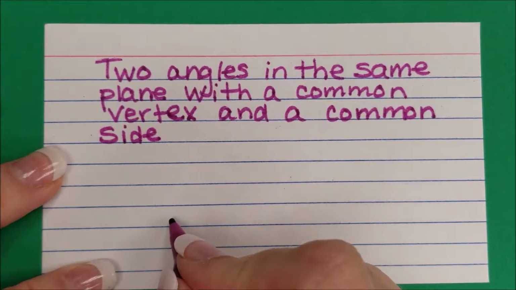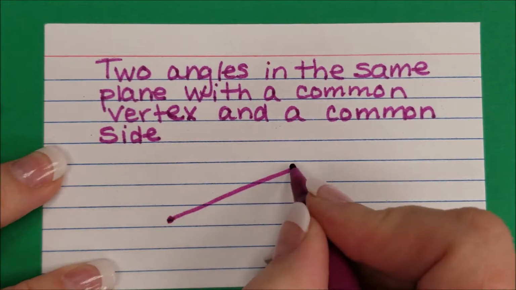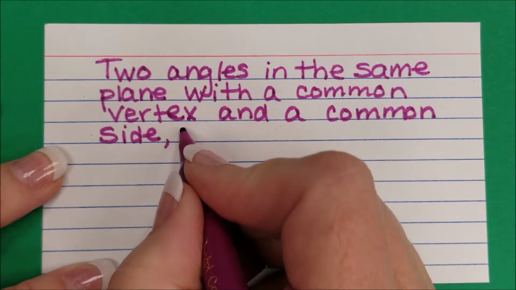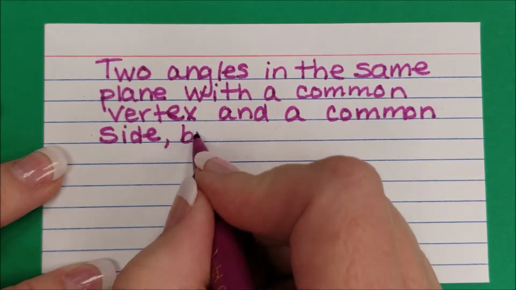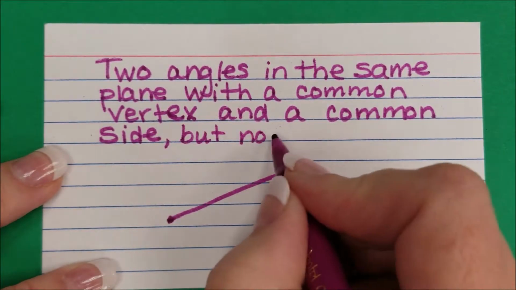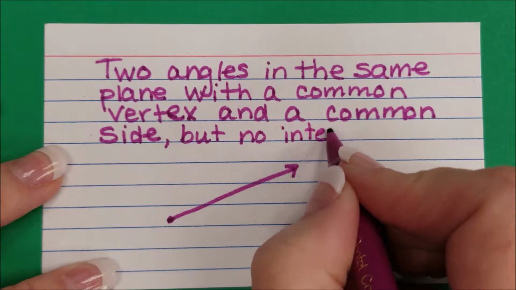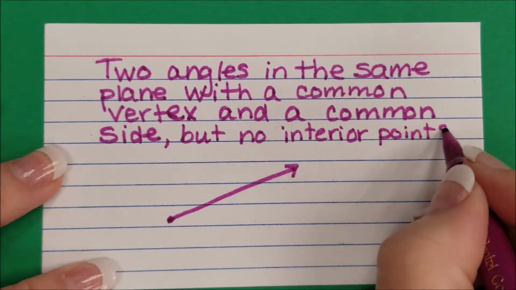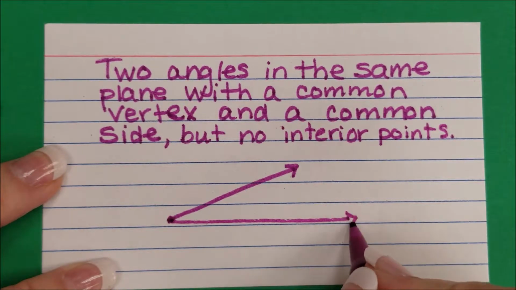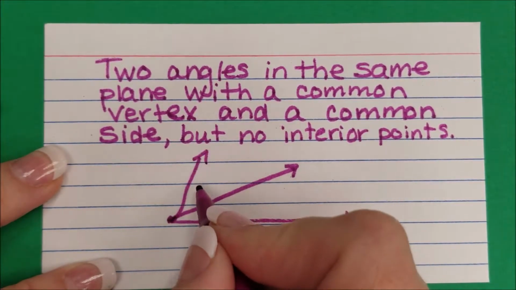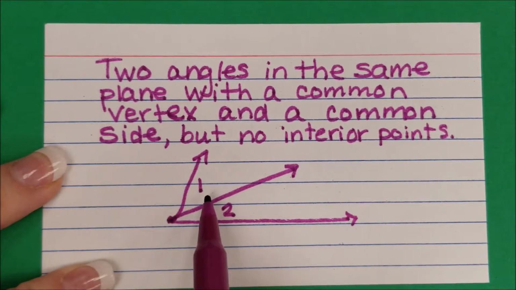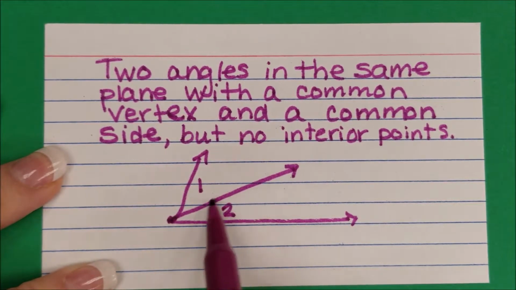So if I have, here's a vertex, unless that common side, but not any interior parts. So if this is angle 1 and this is angle 2, we would say that angle 1 is adjacent to angle 2.